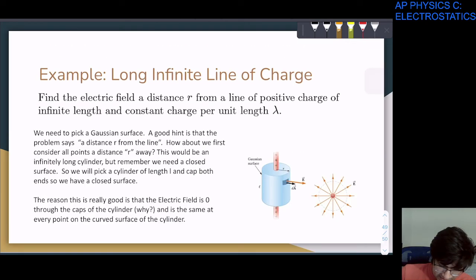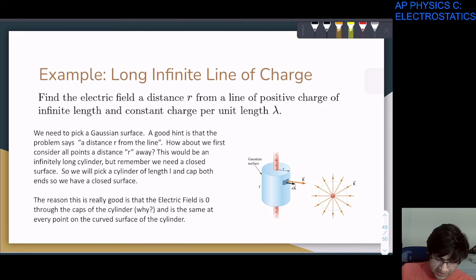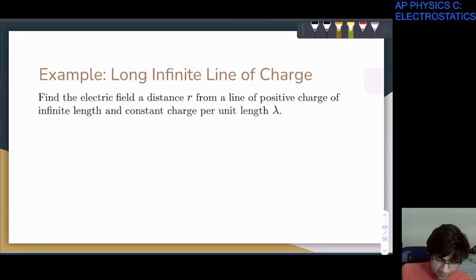And now, as a last example, which we're not going to go over here, is the long infinite line of charge. So in this problem, we have an electric field at a distance r from a line of positive charge of infinite length, and we have a constant charge per unit length lambda. So here we have a one-dimensional problem because we have a line of charge.